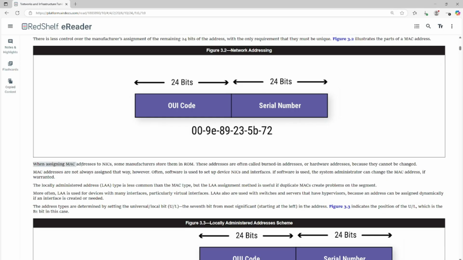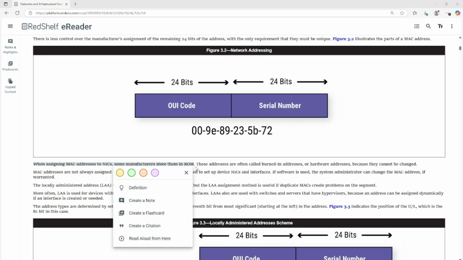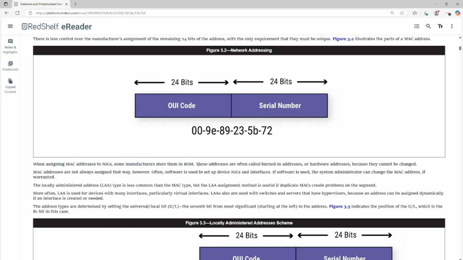When assigning MAC addresses to NICs, some manufacturers store them in a ROM, read-only memory, which serves as a storage. These addresses are often called burnt-in addresses, or hardware addresses, because they cannot be changed.